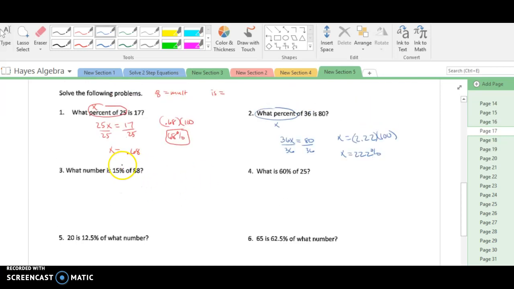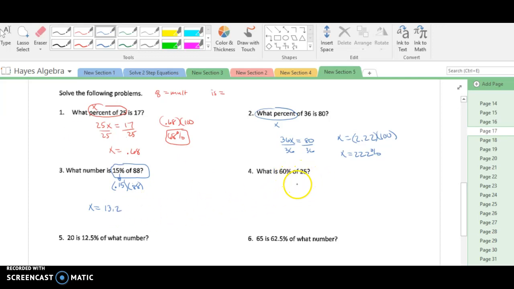Now, what number is 15% of 80? Think about this. When we calculate with percents, we convert it to a decimal. So 0.15. What does of mean? Multiplication. So that number x is 0.15 times 80, which gives you 12.